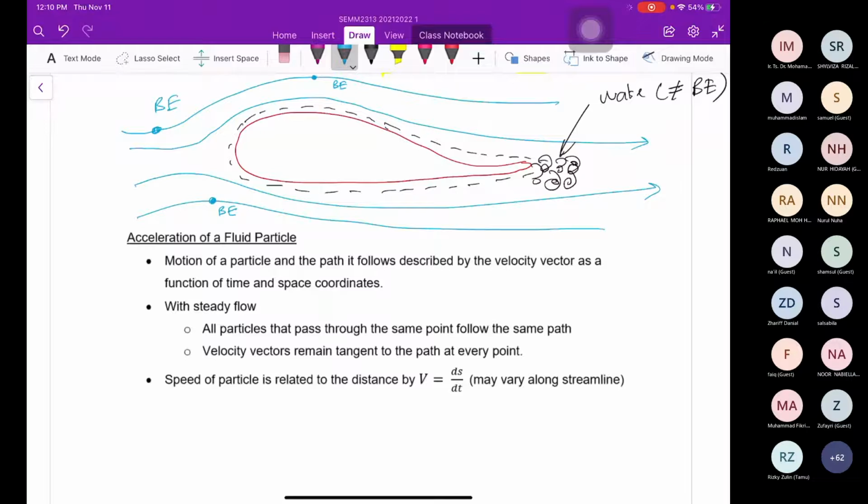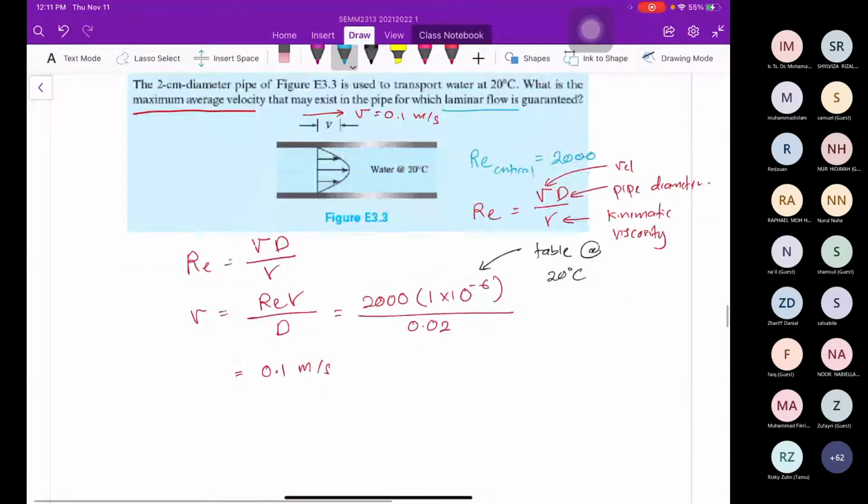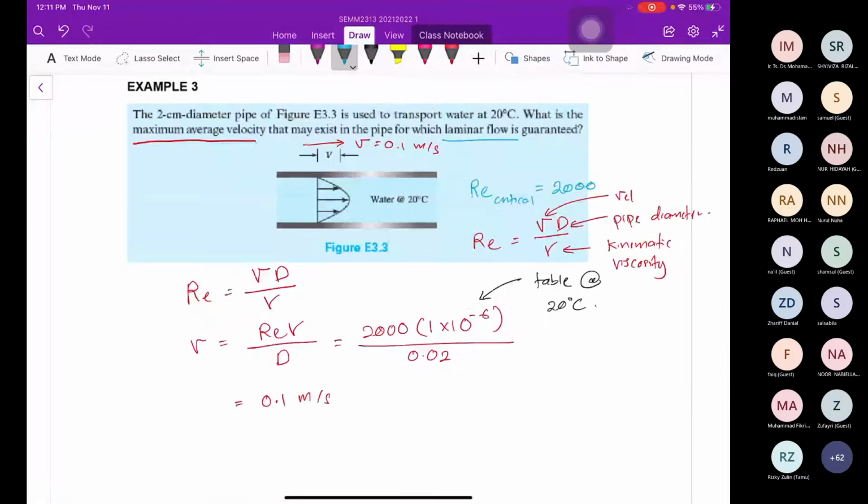There are some people in the group asking if you can repeat question 3 because it was laggy. Example 3. Okay, thank you.